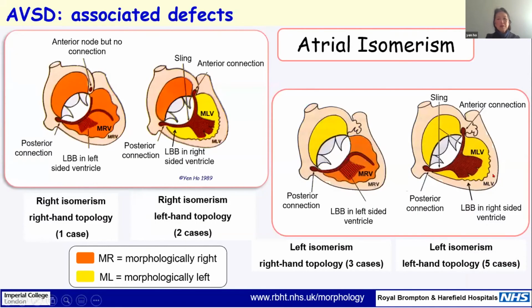With atrial isomerism, the thing to remember is the conduction bundle varies. So when we have the morphologic right ventricle on the wrong side of the heart, and we have the left ventricle on the right side, we tend to have a conduction tissue sling in both left and right isomerism examples.